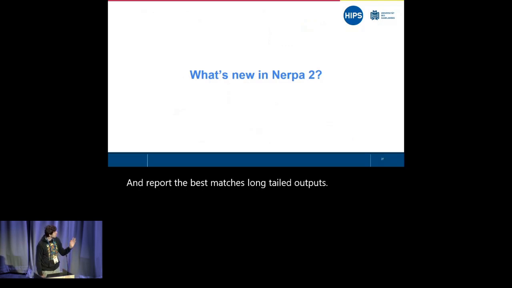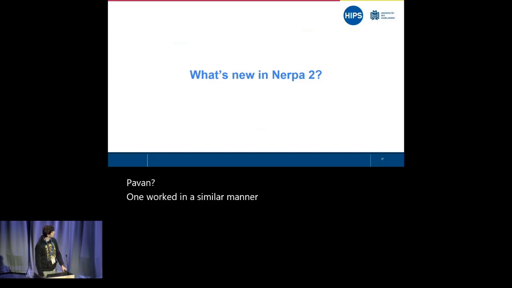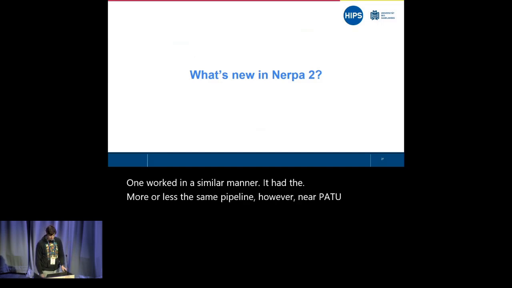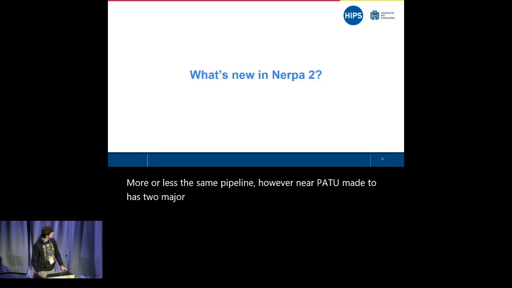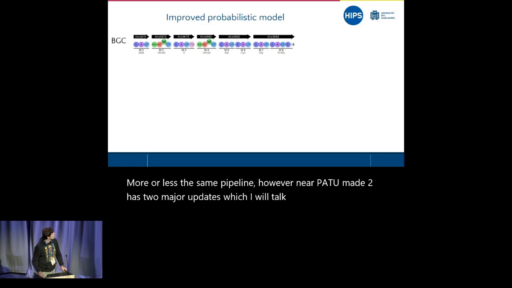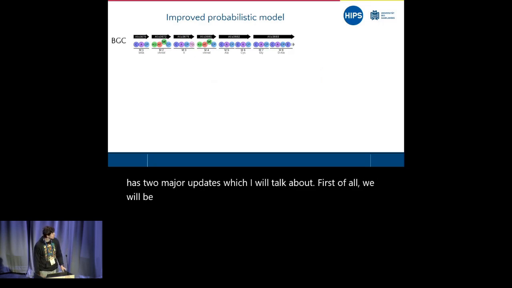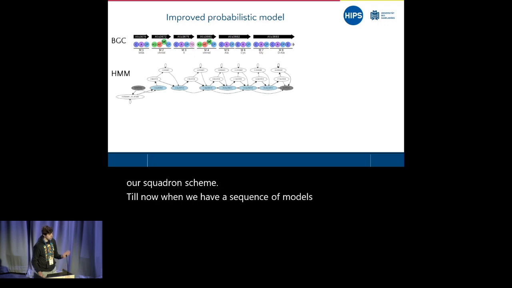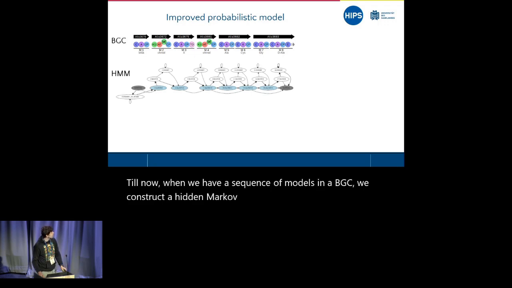Okay, so as the name Nerpa 2 suggests, there was also Nerpa 1. Nerpa 1 worked in a similar manner. It had more or less the same pipeline. However, Nerpa 2 has two major updates, which I will talk about. First of all, we introduced a new probabilistic model and improved our scoring scheme. So now, when we have a sequence of modules in a BGC, we construct a hidden Markov model for them, where paths in this hidden Markov model correspond to tentative biosynthetic pathways.